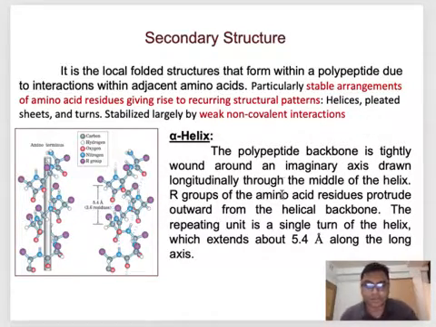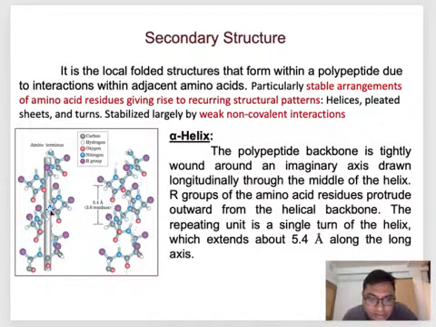Okay, so first, alpha helix. This figure shows the model diagram of the alpha helix secondary structure. In the case of alpha helix, the polypeptide backbone is tightly wound around an imaginary axis.